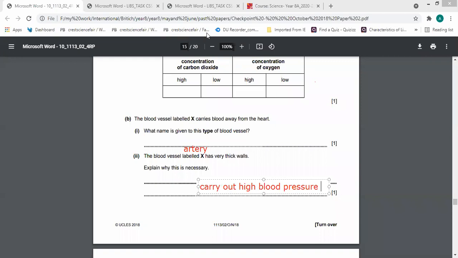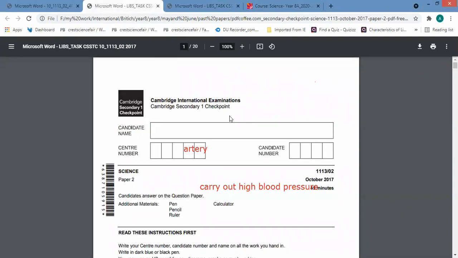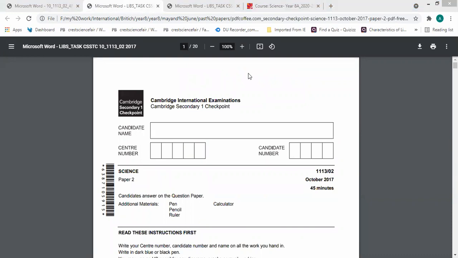Yes. And the exam is finished. Okay. Another one? No problem. Okay. October 2017, paper 2. I know.